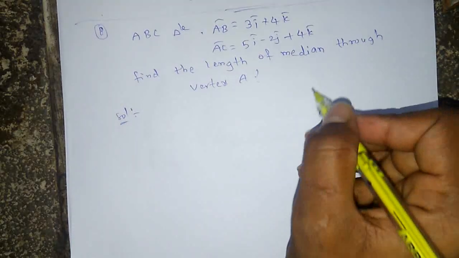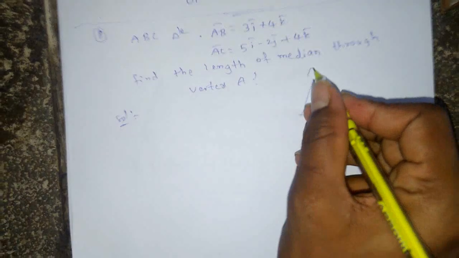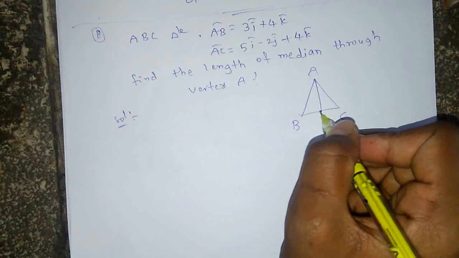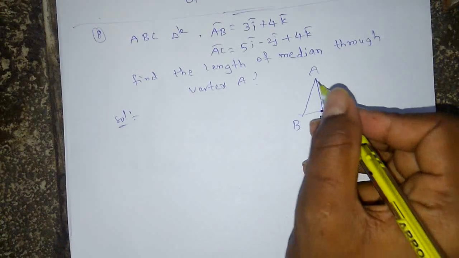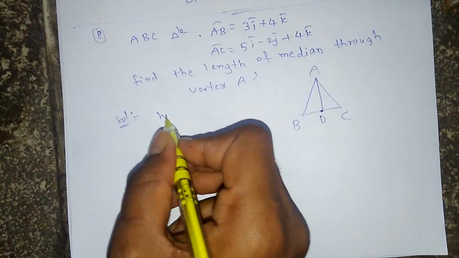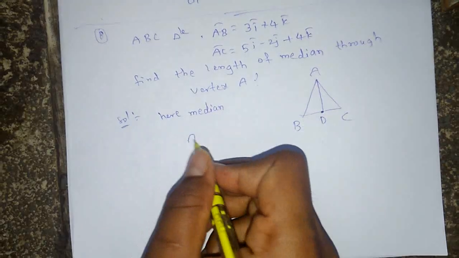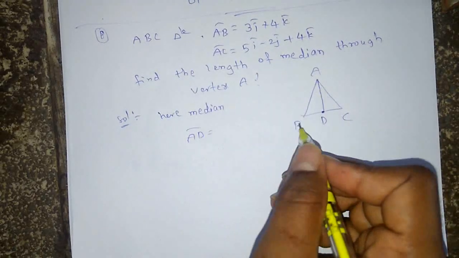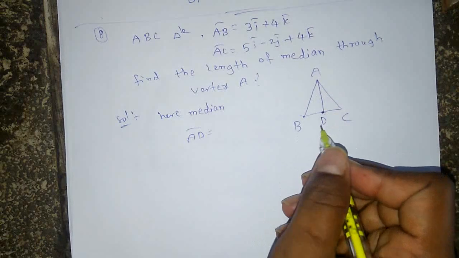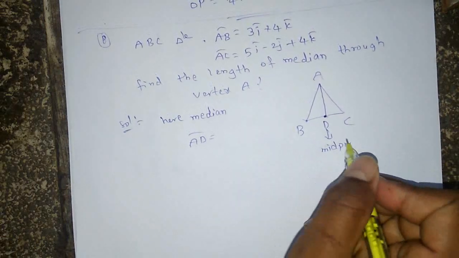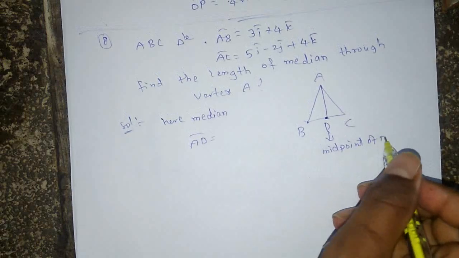So here if we take the triangle, this is A, B, C. Median means it passes through the midpoint of the opposite side from the vertex. Here the median is AD bar, where D is the midpoint of BC.